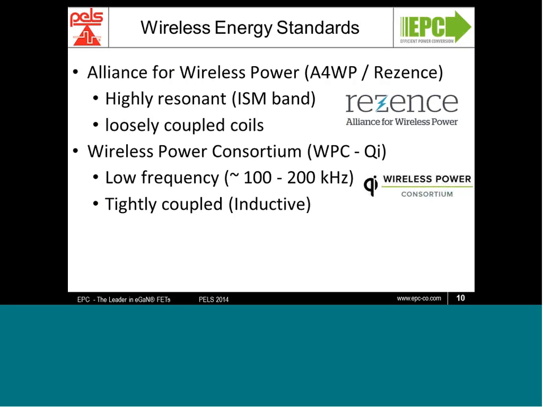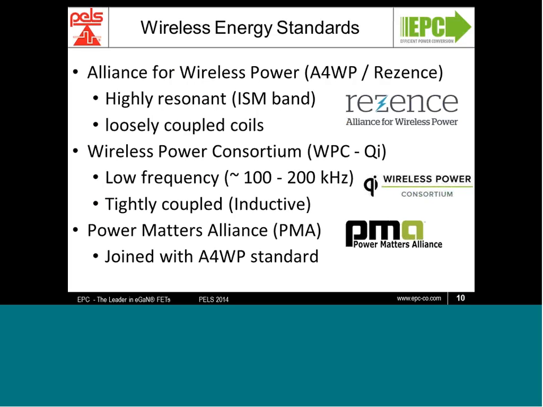It's typically the lower frequency and is a tightly coupled, inductive based standard. The two standards here do not have much overlap between them, other than they use magnetic fields to transfer energy. And lastly, the Power Matters Alliance has recently joined forces with the A4WP standard, as they are pretty similar in structure.